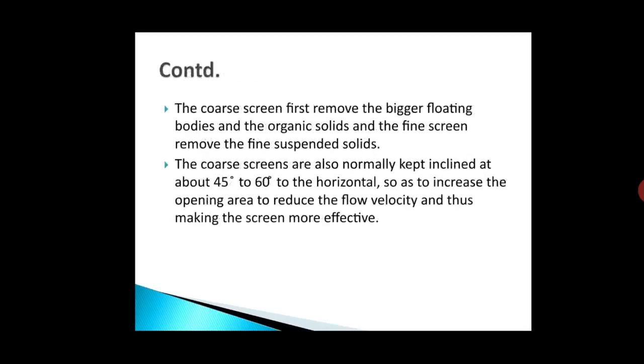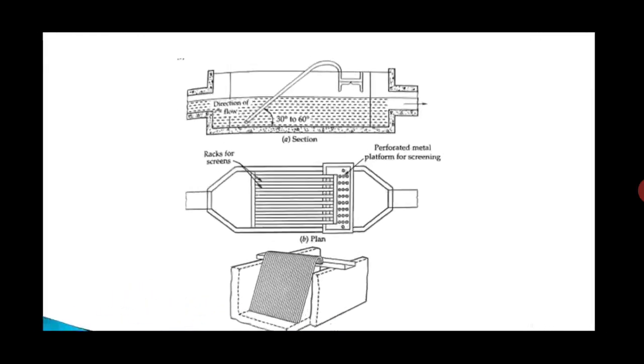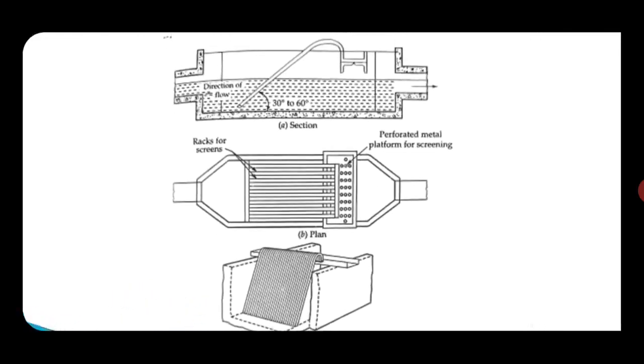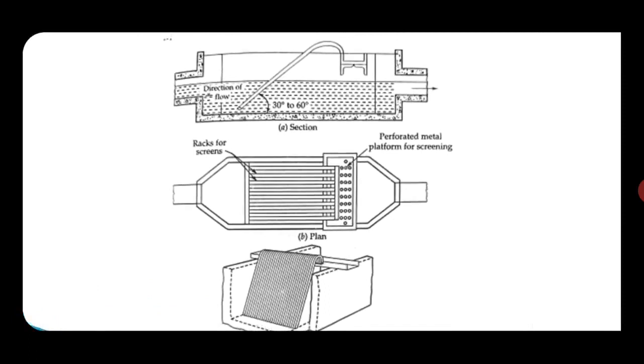You can see this is the image of a screen. This is the plan and section. There are two types of screen: one is the coarse screen, the second one is the fine screen. The coarse screens are sometimes placed in front of the fine screens, and the coarse screens consist of parallel iron rods which are placed vertically or at a slight slope at about 2.5 to 5 centimeter apart.